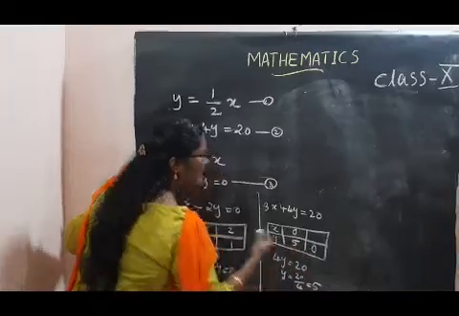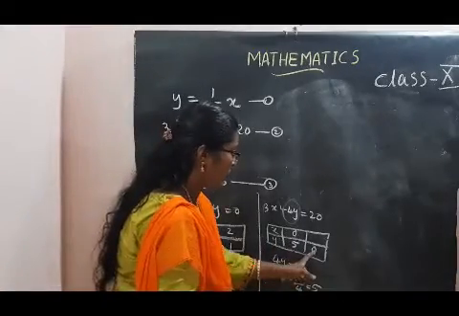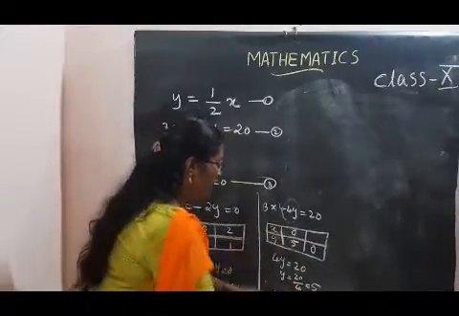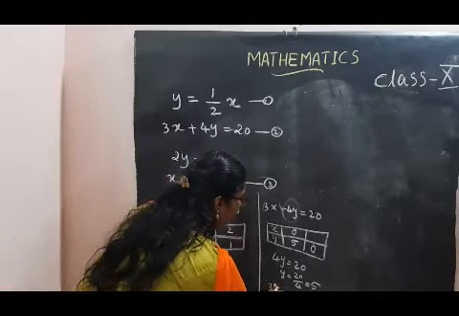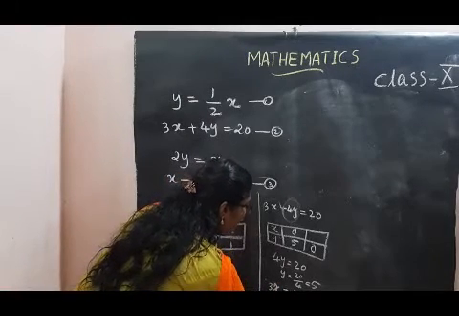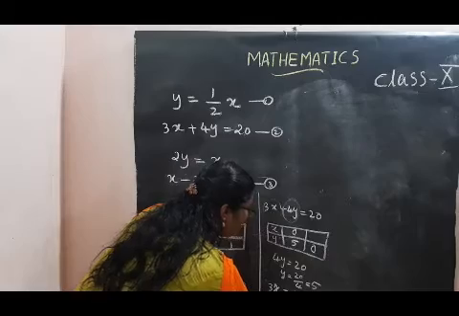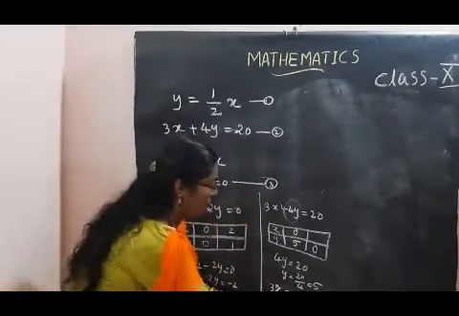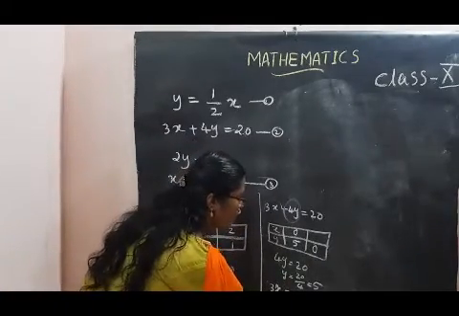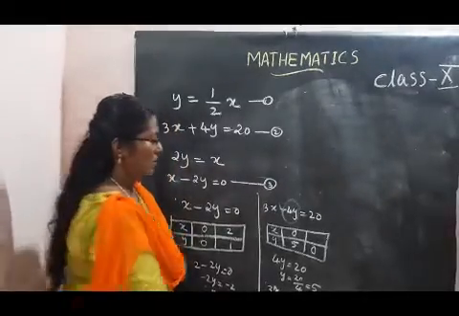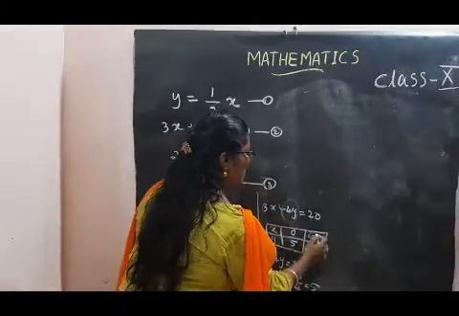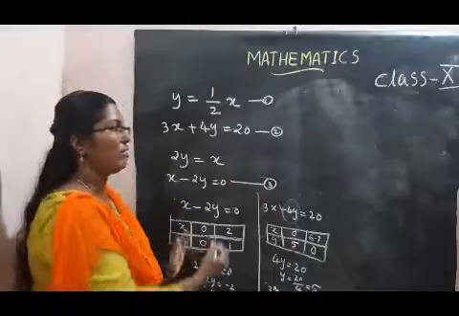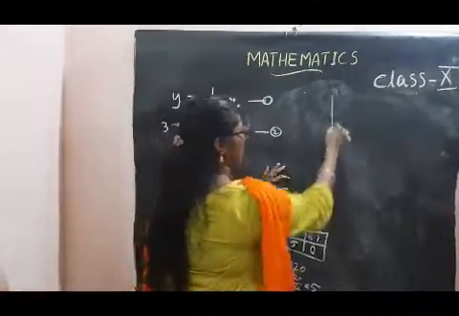The y value is 5. When we put the y value as 0, we can write 3x equal to 20. X equal 20 by 3 equal 6.7. Then convert this to a graph sheet.